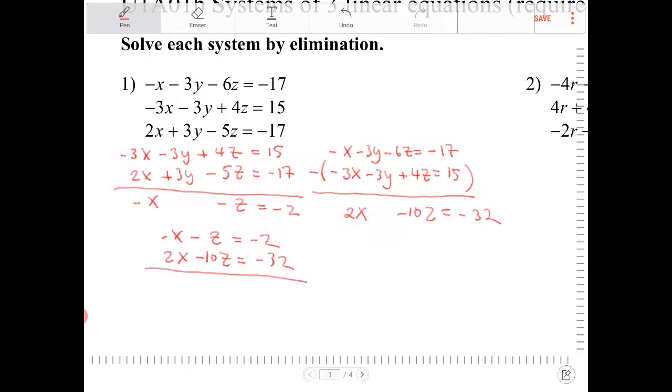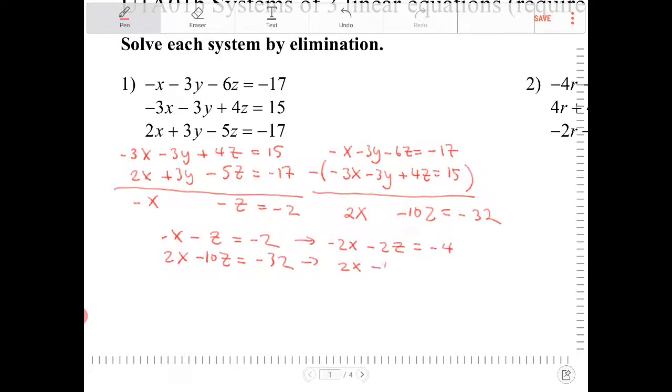I want to eliminate one of the variables. I've decided that I want to eliminate x's. So I want to multiply the top equation by 2. So I end up with negative 2x minus 2z is equal to negative 4. The bottom equation doesn't change, so it stays the same.